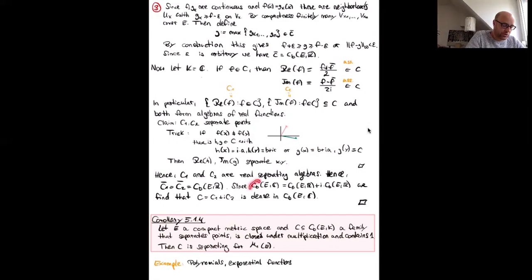So the continuous functions are just the continuous functions with values in R plus i times continuous functions with values in R again. So if these two in the closure give the continuous functions, then we know that C in the closure also gives the continuous functions. That's it.